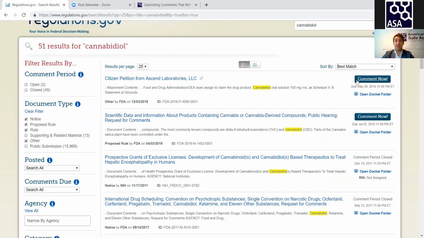So you can see right here, these top two comments are the ones that are still open. But because this citizen petition that contains the search term cannabidiol closes May 29th, it actually comes up first before the one we're interested in.